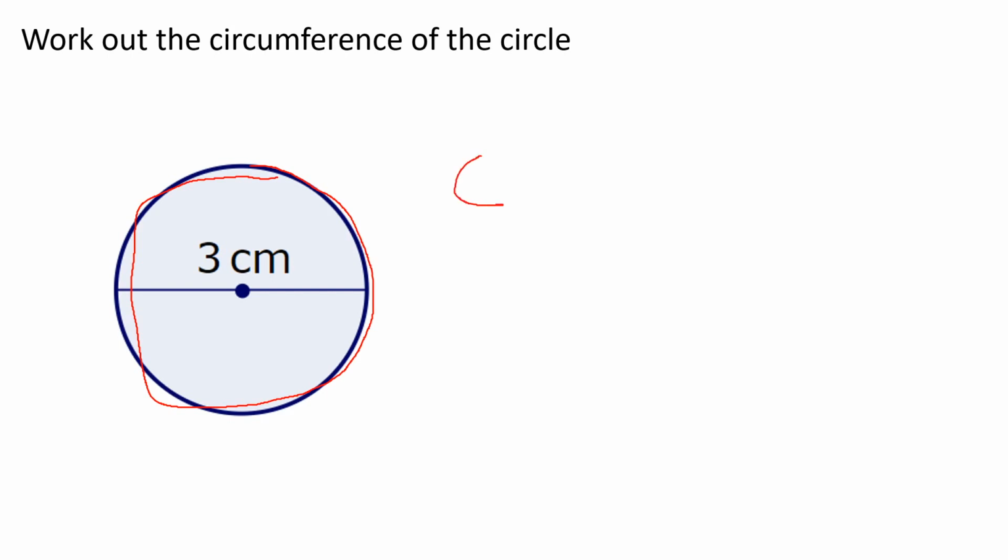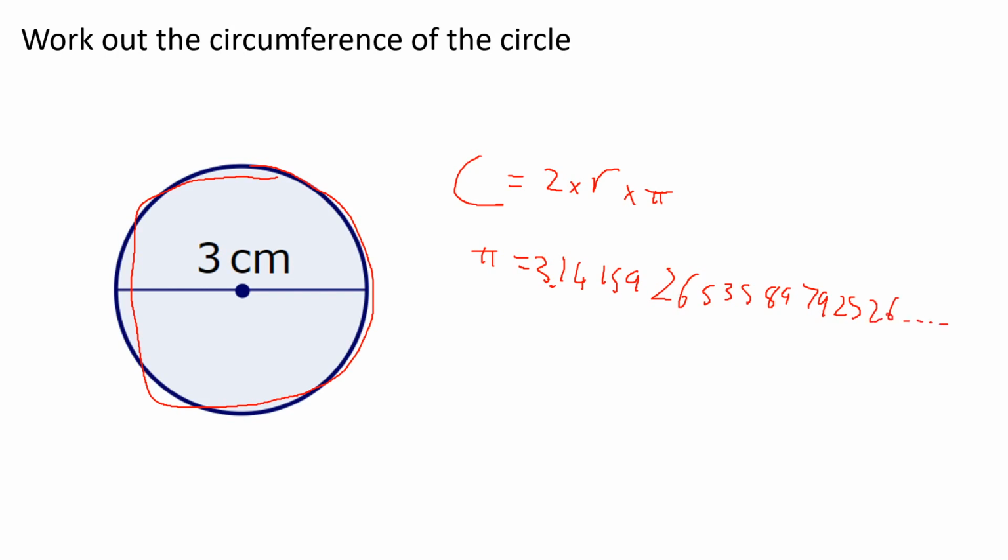And the circumference is equal to 2 times the radius times pi, where pi is equal to 3.14159653592526... or 3.14 if you can't be bothered to remember that.